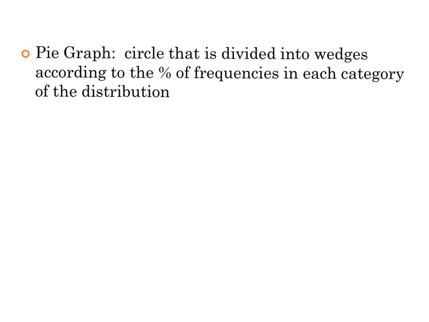Pie graph or a pie chart, either one is fine. It is a circle. You know about pie graphs. It's divided into percentages. So you're actually going to have to calculate the percentages first most of the time, unless you're just interpreting a graph. But when you go to construct a pie graph, you're going to have to take a percentage, and then you're going to have to use some geometry.